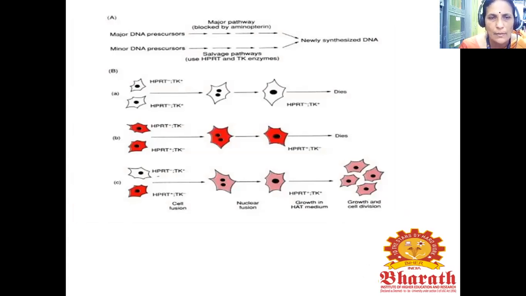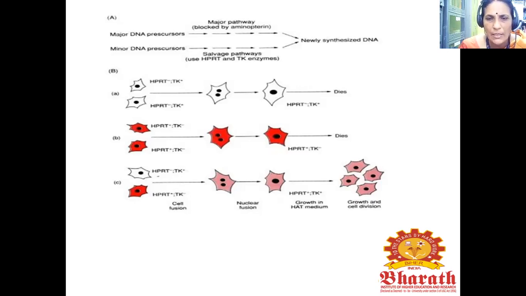In B, the HPRT-minus TK-plus cell dies, and the second type also dies. In the third, cell fusion occurs, then nuclear fusion occurs to produce HPRT-plus TK-plus cells that grow in HAT medium.